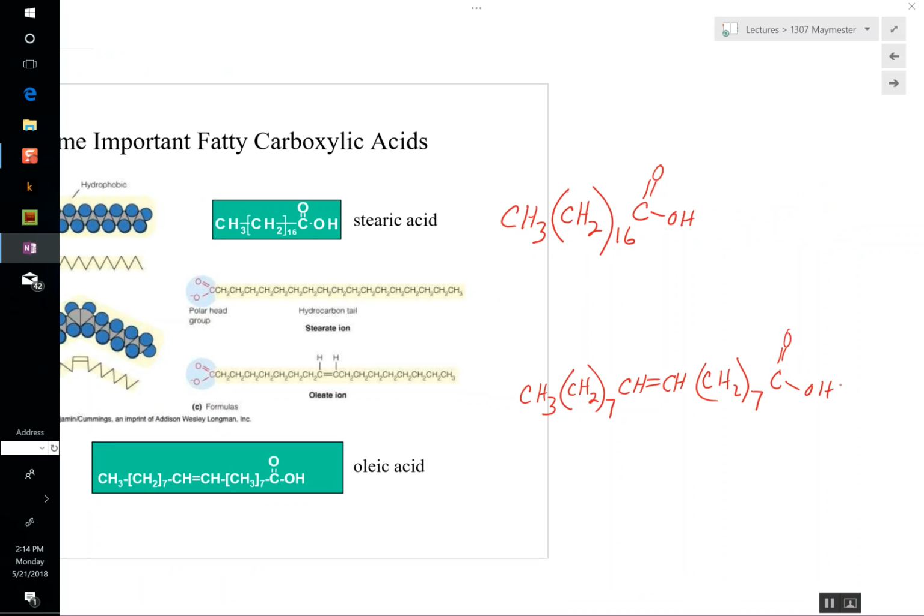Each one of these is 18 carbons long. Stearic and oleic, they're 18 carbon long fatty acids. But the big difference is oleic has 1 double bond in it. It is the unsaturated fatty acid.